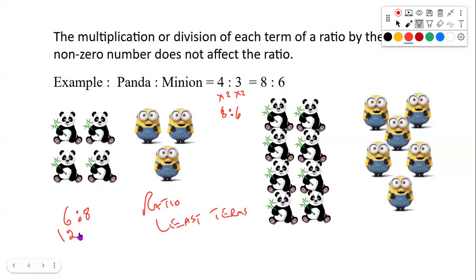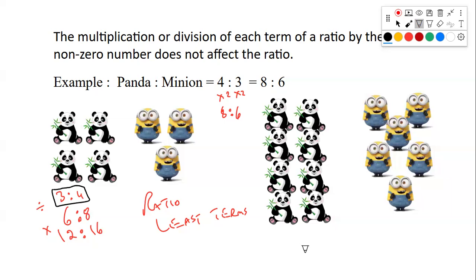If I multiply both the terms by 2, 2 sixes are 12, 2 eights are 16. This is multiplication. Both the terms can also be divided by 2: 3 and 4. But whenever you say ratio, you should always express it in the least terms so that further division is not possible. So 12:16 is the same as 6:8, which is the same as 3:4 as far as the ratio is concerned.